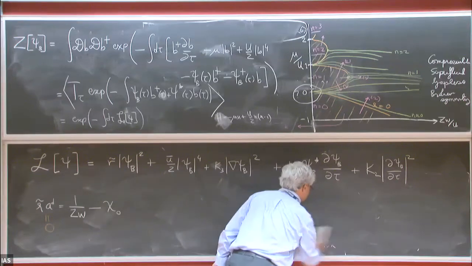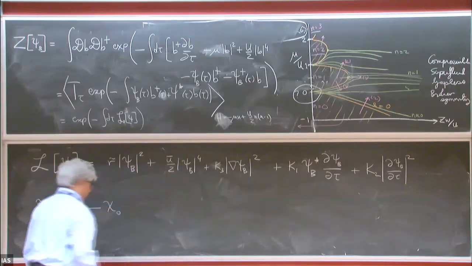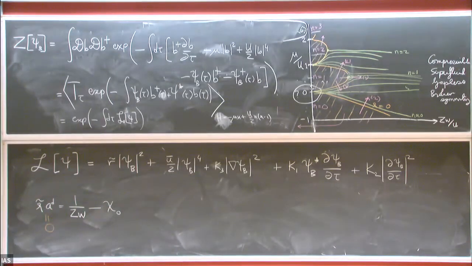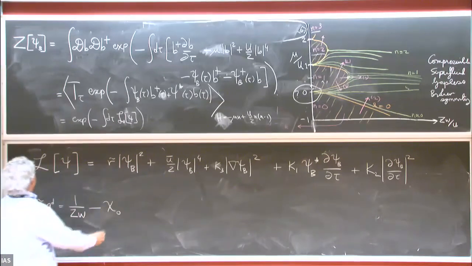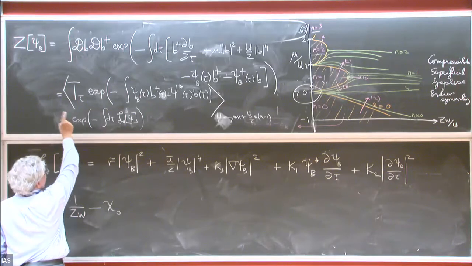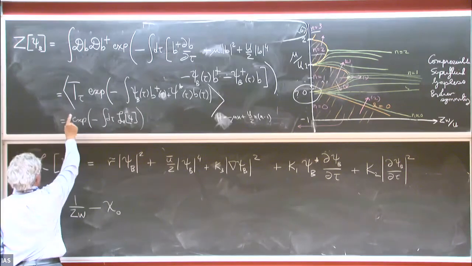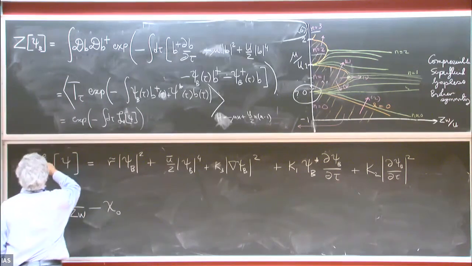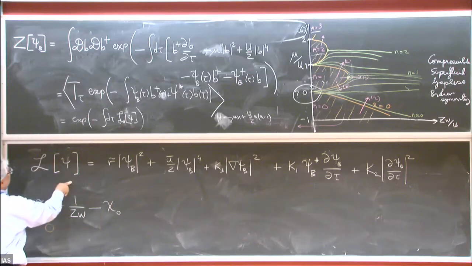All right. So here's my Lagrangian, and I've reduced everything now to evaluating the original Hamiltonian. I've evaluated Z of psi b, and that's the exponential integral of this.